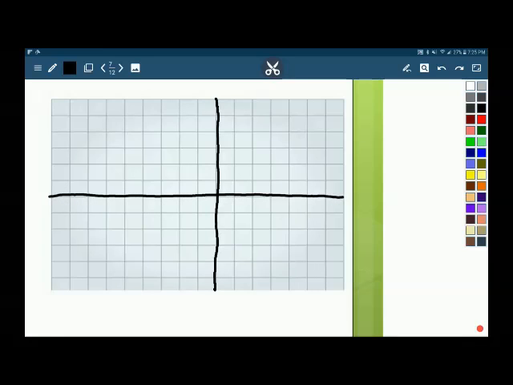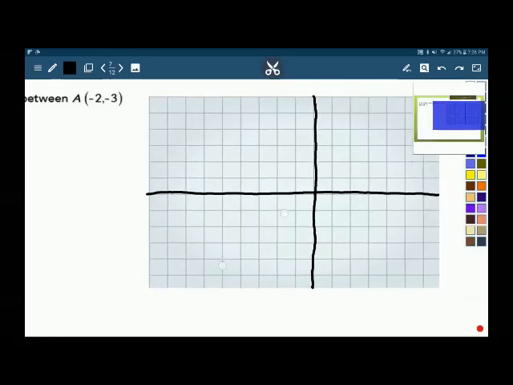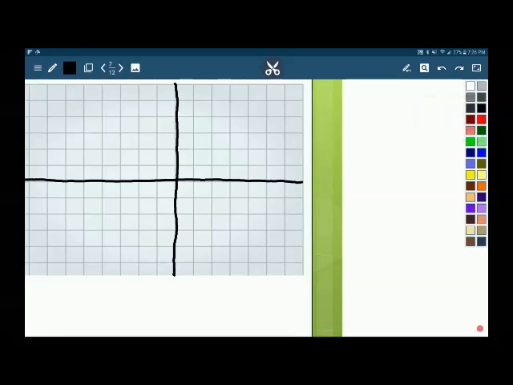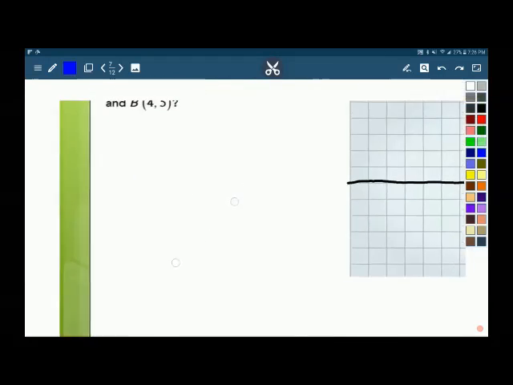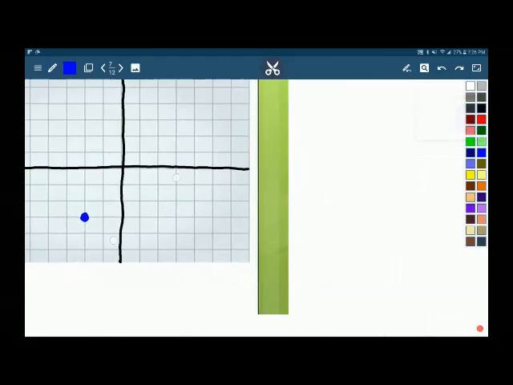There we go. That's good enough. Even if it looks a little too far to the right, the points should still fit. I have -2, -3, so that would be down there. And then I have 4, 5. So +4, +5. That's up there like that.